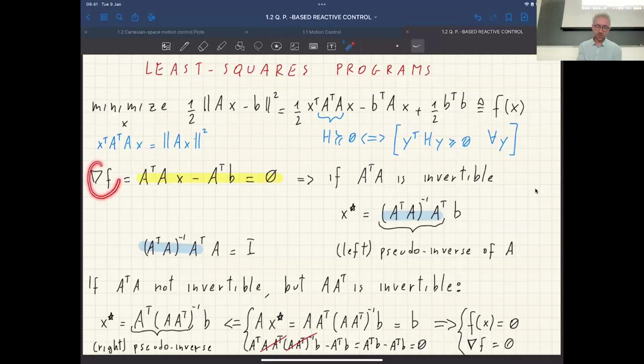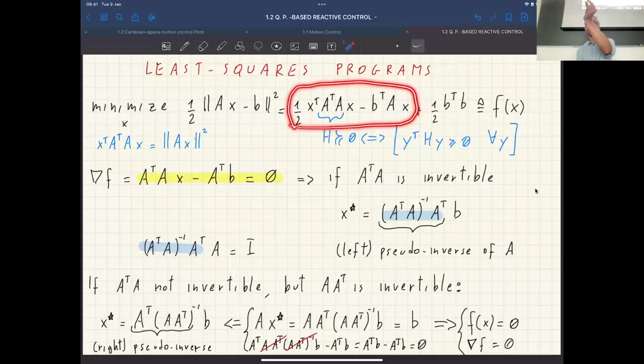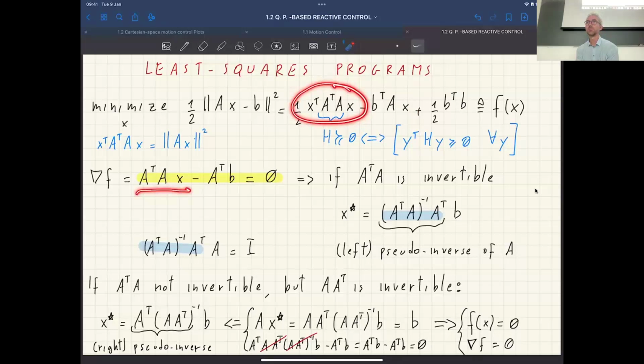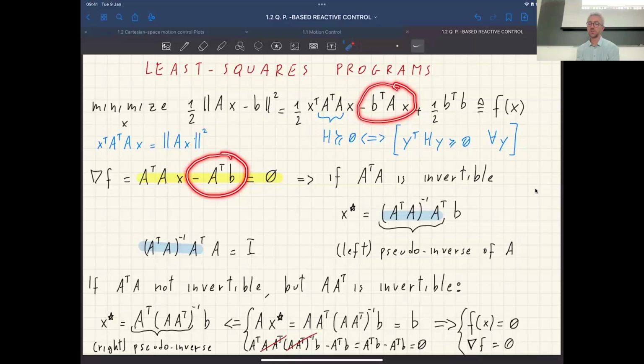So the gradient of this function, which I'm calling f, I simply need to take the derivative of this expression here. The last term is a constant, so it doesn't matter. This term is quadratic, so when I take the derivative, I get a linear function, which is that. And this term is linear, so when I take the derivative, I get a constant, which is that.